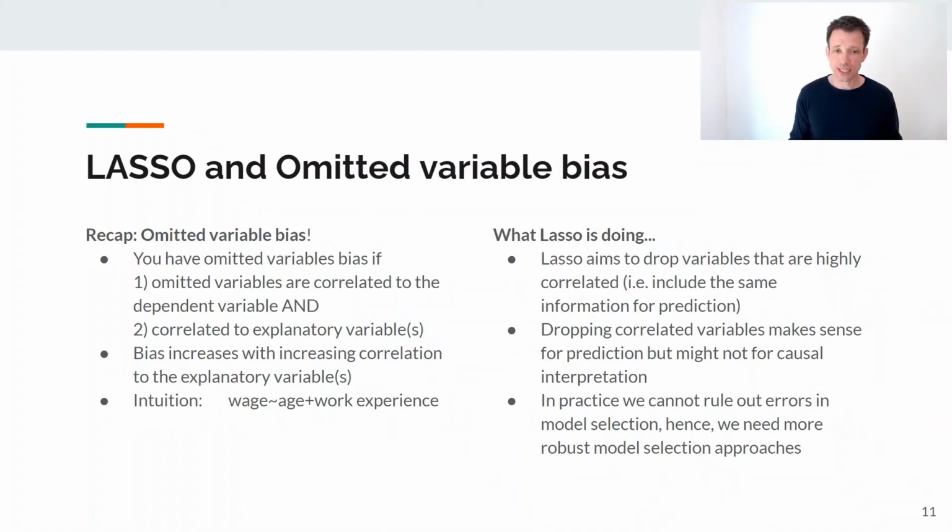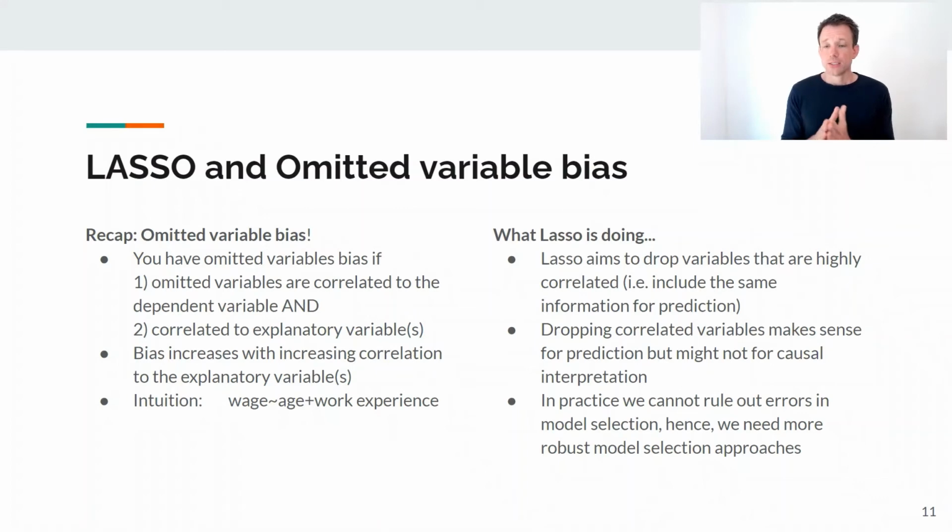Older people will tend to have more work experience and vice versa. If you drop age, then that will be an omitted variable, which is likely to be correlated to both work experience and wages. So that would be an issue. You would not want to drop that variable if you want to interpret the coefficient of work experience in a causal way.